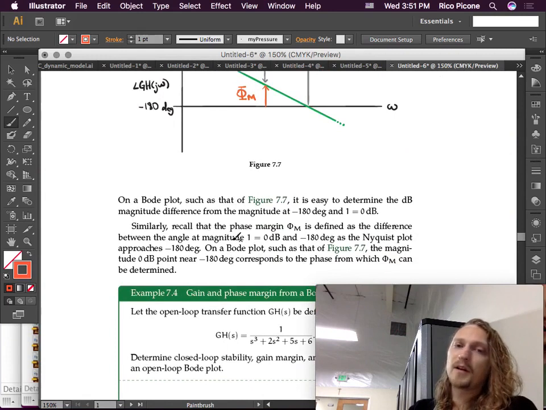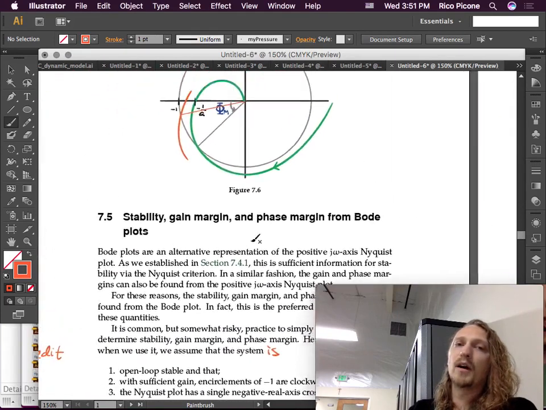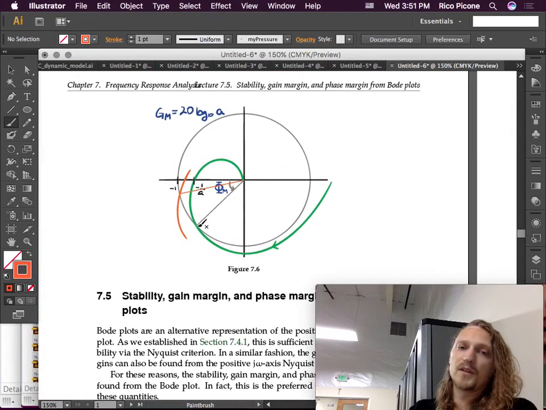So similarly, recall that the phase margin is defined as the difference between the angle at magnitude 1, right? So magnitude 1, which is this unit circle in the Nyquist plot. So that's this point is where it crosses, right? It's the difference in angle between that ray and this negative real axis.